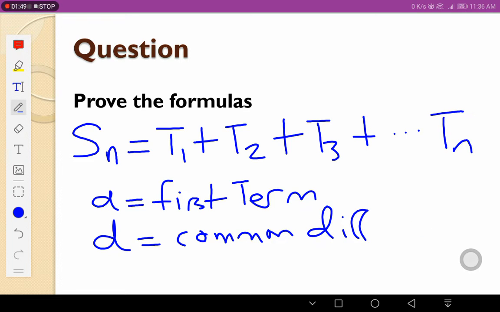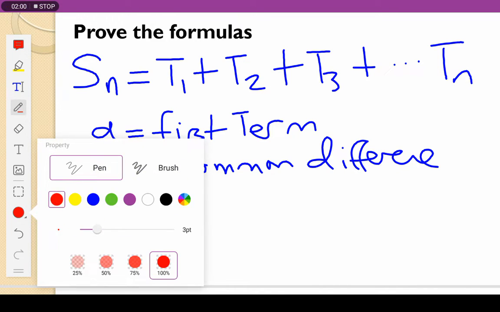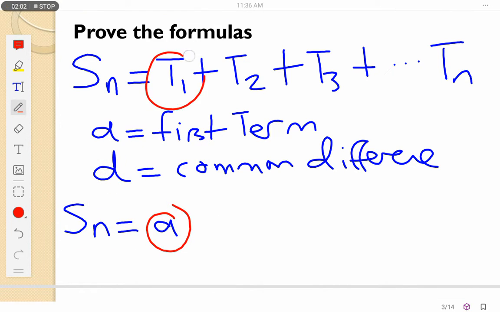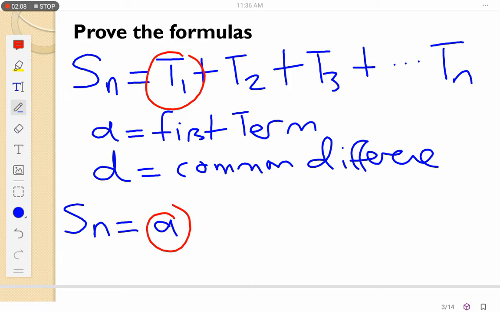Now I can write the sum as Sn is equal to the first term, which is A. The first term is normally equal to A, whether it's 1, 2, or minus, it is the same. Now, the second term is A plus the common difference.